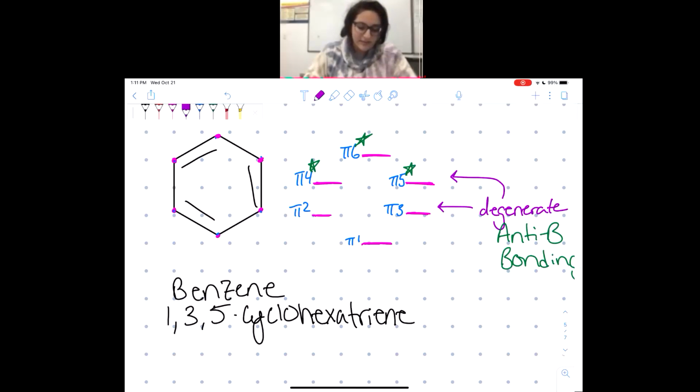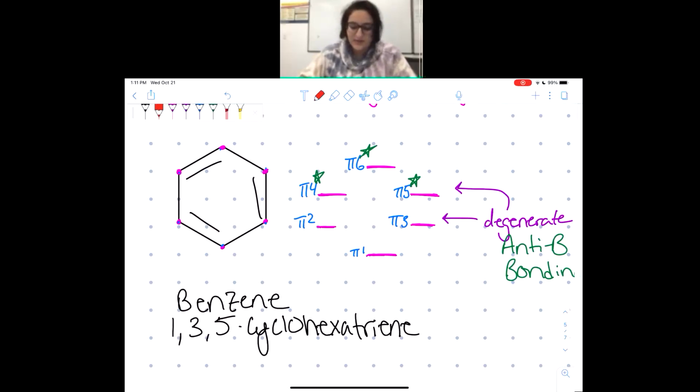And so now another thing about degenerate orbitals is as you are filling them in, you're no longer finishing one orbital and then moving on to the next. You actually have to go by energy level. So 1, 2, we finish the first energy level.